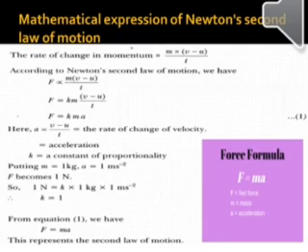How can we define 1 Newton of force? It is the amount of force applied on an object of unit mass, that is 1 kilogram, to accelerate it by 1 meter per second square in its direction, or the direction of the force.